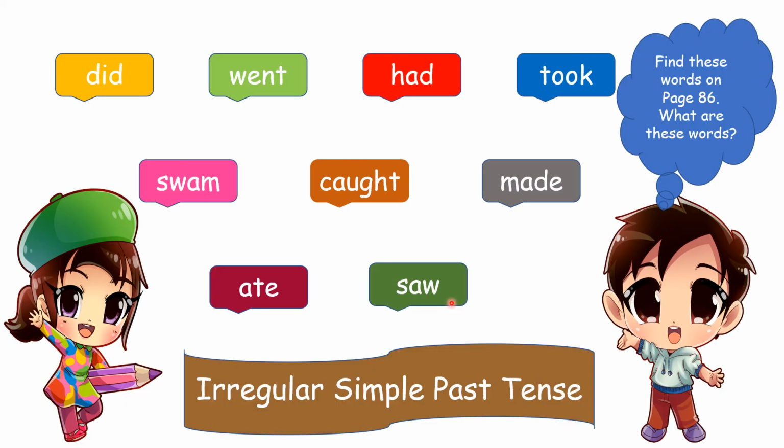This doesn't happen to regular forms. For regular forms, all you need to do is to add ed, d, or change the letter y to ied. But for irregular, the root word will change into a different word. Okay?